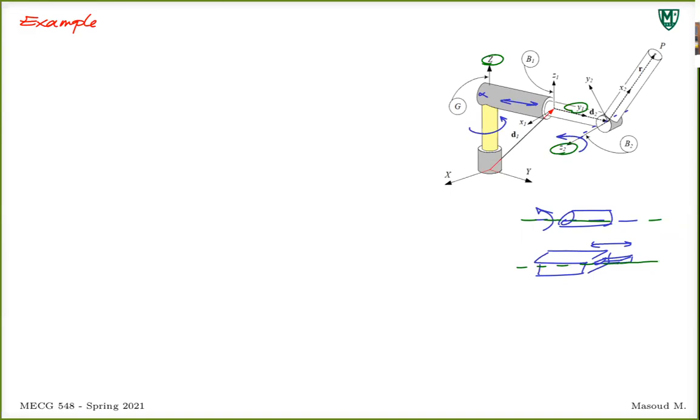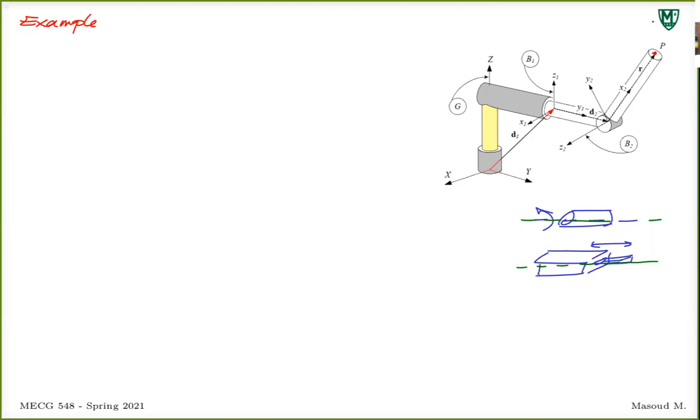Now, in the general form, let's say we want to find the position. Let me clean this up. We want to find the position of this point P, which is located at the tip of the last link. Typically, that's where your end effector gets connected.